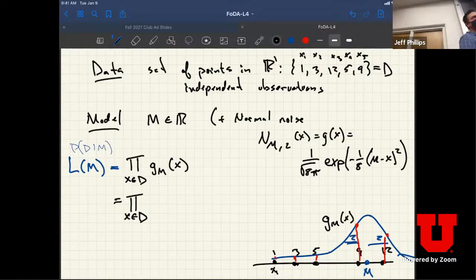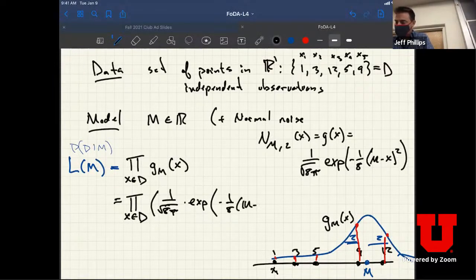That's what makes all the mathematics work, so we can actually solve for these things. Remember, this was now equal to 1 over square root 8 pi times exp of negative 1/8 (m minus x) squared.